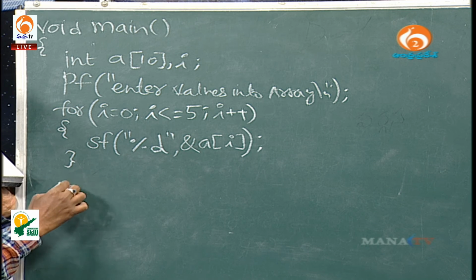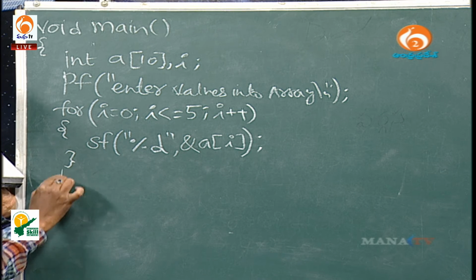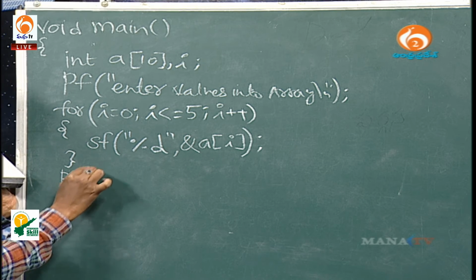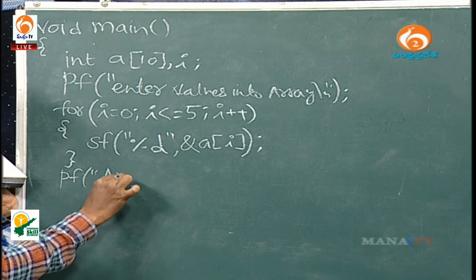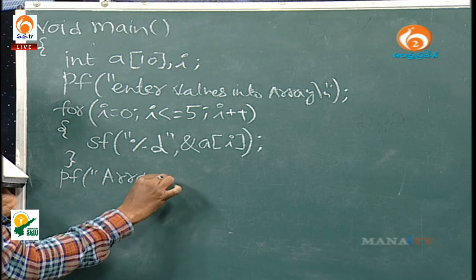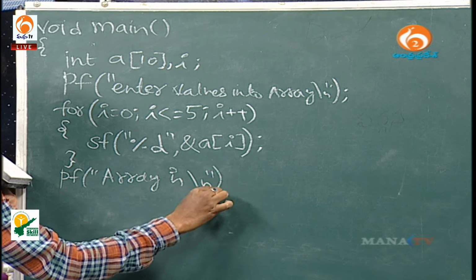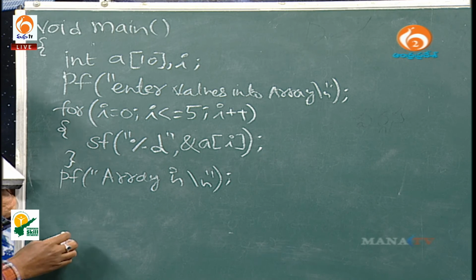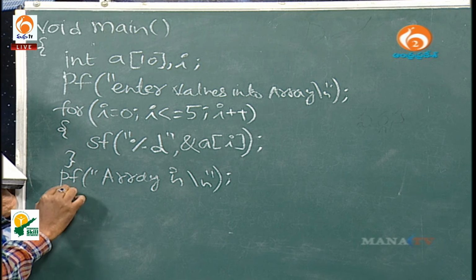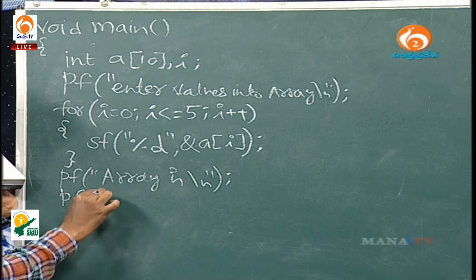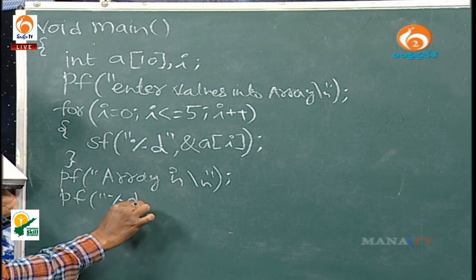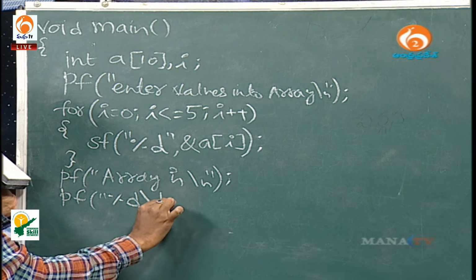Next, I want to print the array now. Printf array is, printf %d, then tabular space, backslash t.